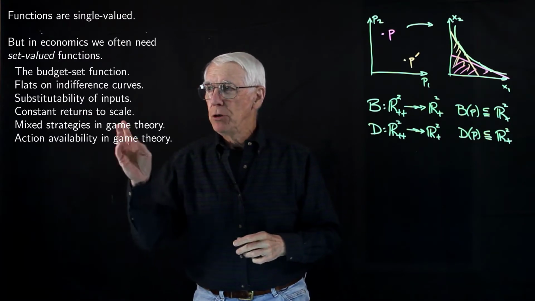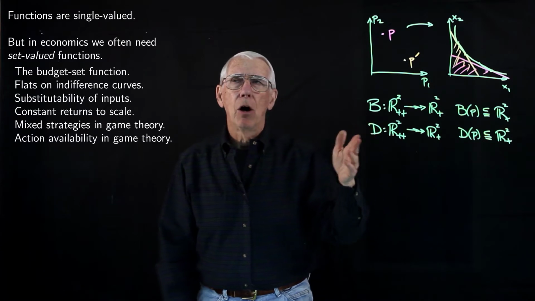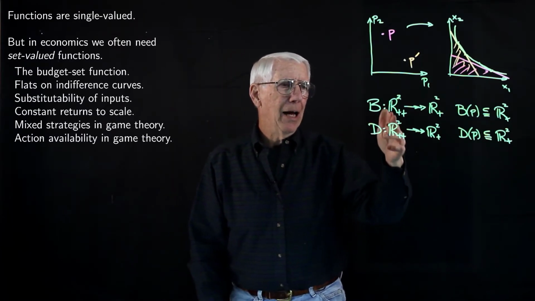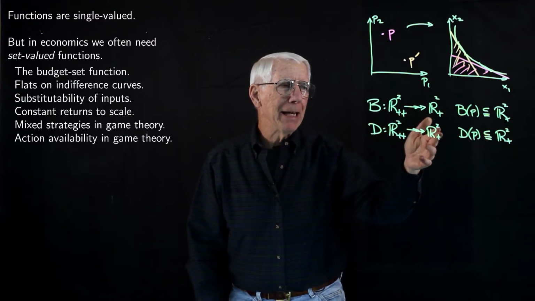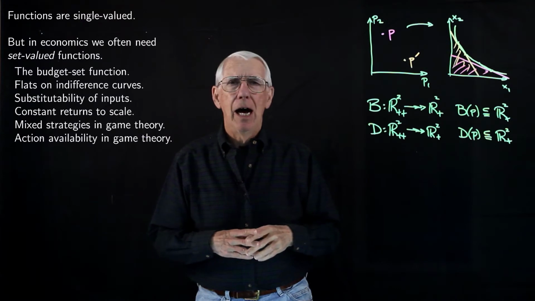In that, he was using mixed strategies, and he needed to use what he called, I think, a one-to-many function. For any one element here, you got many possible elements over here.